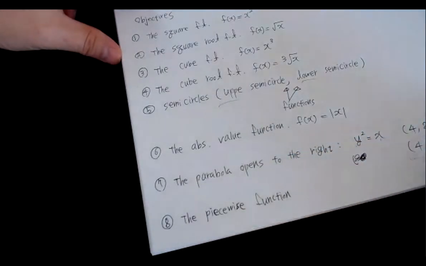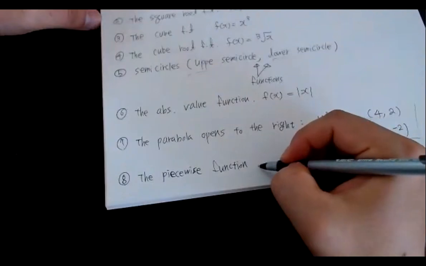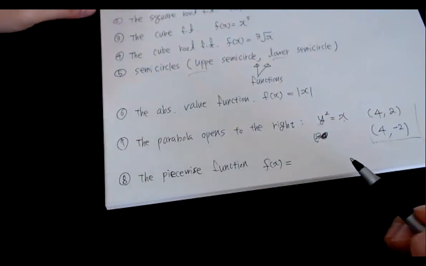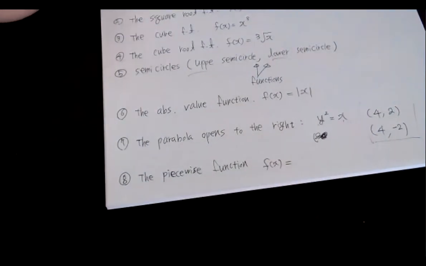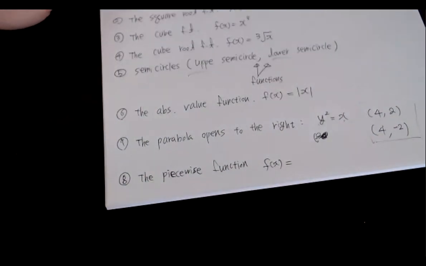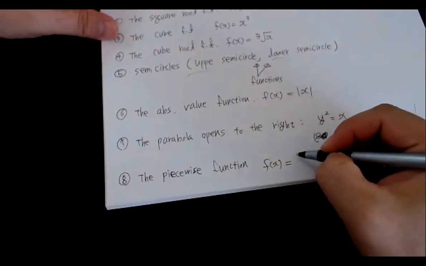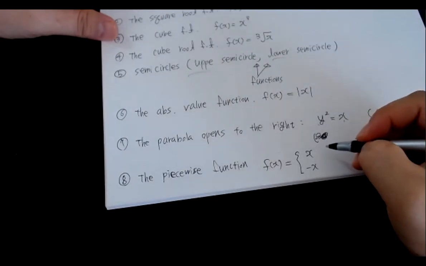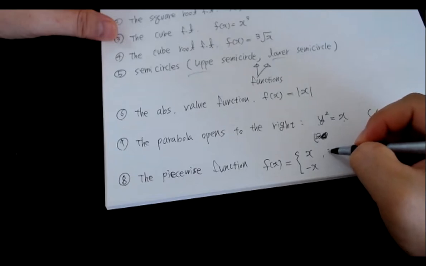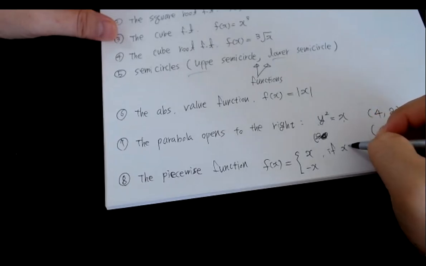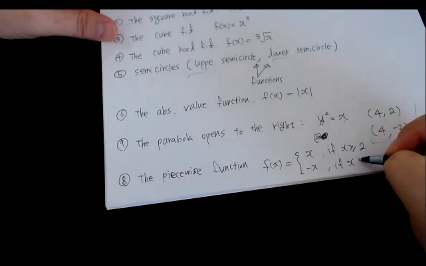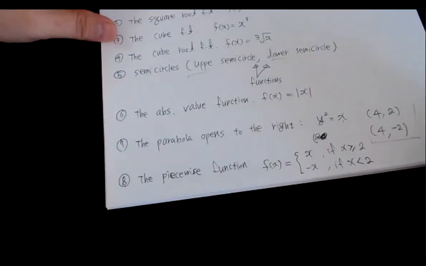There are tons of different definitions of piecewise functions, but let's see this one. f of x is x if x is greater than or equal to 2, and negative x if x is less than 2, something like this.